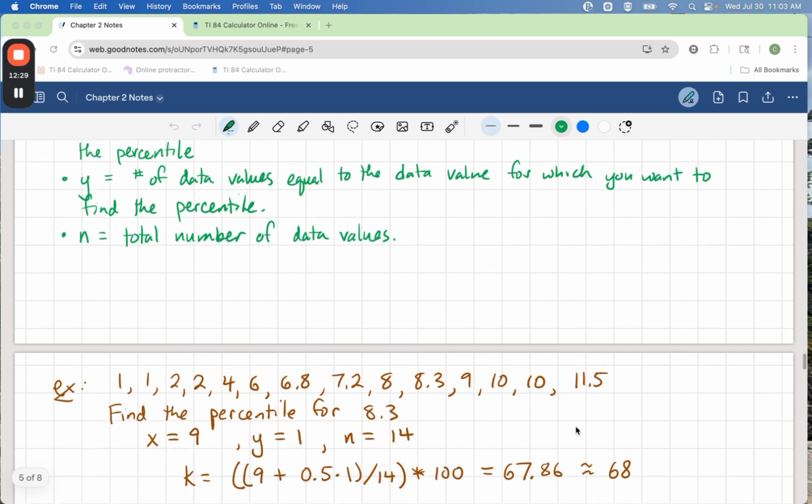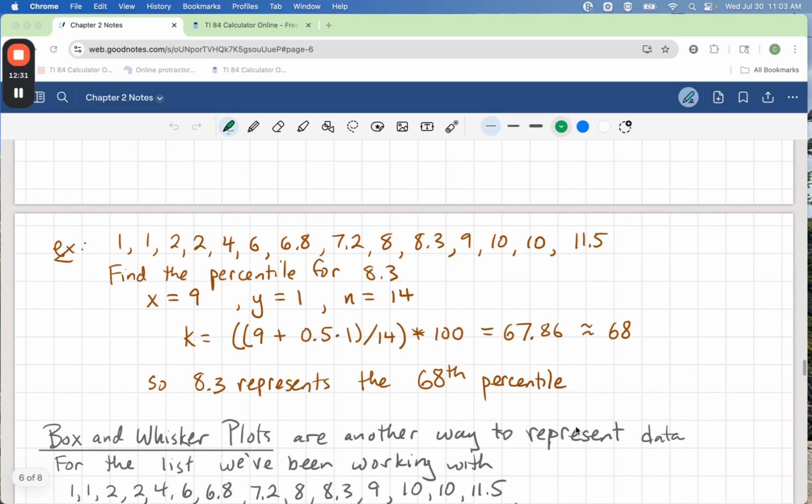All right, so let's do an example. Find the percentile for 8.3 here. So I have X equals 9, so there's 9 values, 1, 2, 3, 4, 5, 6, 7, 8, 9, that are less than 8.3. I don't know if you guys can see my arrow here, but 1, 2, 3, 4, 5, 6, 7, 8, 9 values less than 8.3, so X is 9.